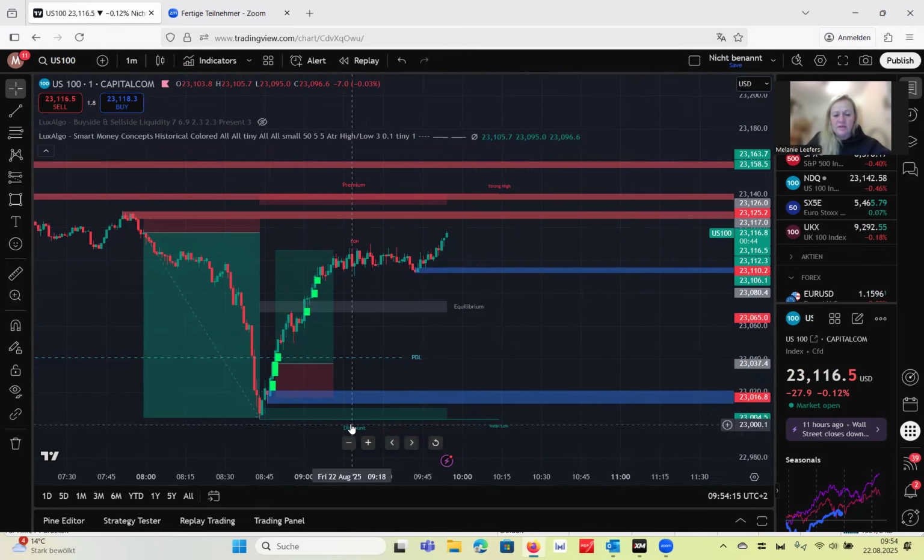It shows you here, it says discount price where you can buy cheap. And this is the premium where you sell cheap or buy high, however you want to say it.